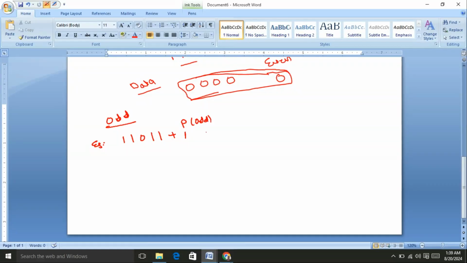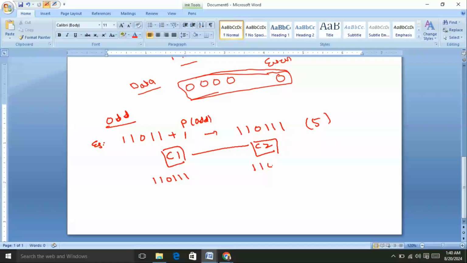Now the data is 110111, transferred from component 1 to component 2. Here the total number of ones is 5. If one bit changes, say 110101, the total number of ones is even, so the error is identified.